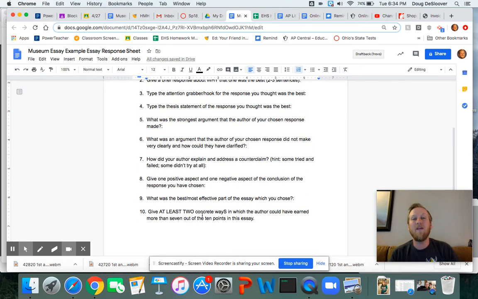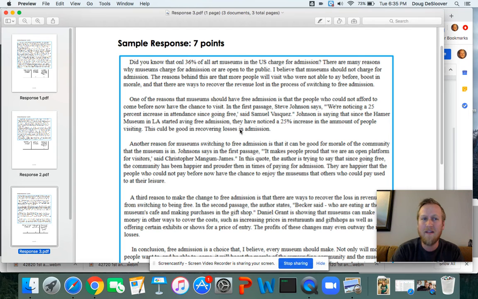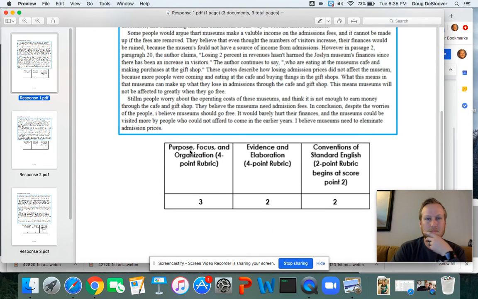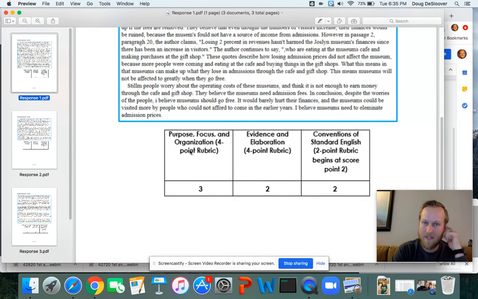And then number 10, give at least 2 concrete ways in which the author could have earned more than the 7 out of the 10 points in the essay. And let me give you a little help of where you could kind of look for that. At the bottom, the state breaks down the scoring rubric. So like response 1 got 3 out of 4 points for purpose, focus, and organization.